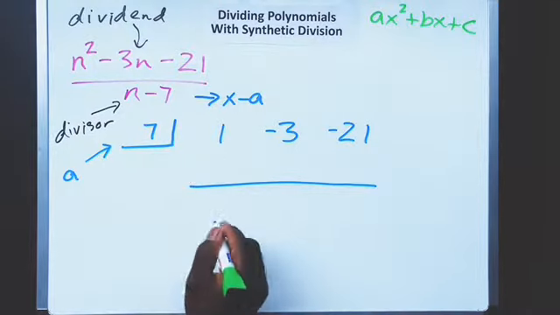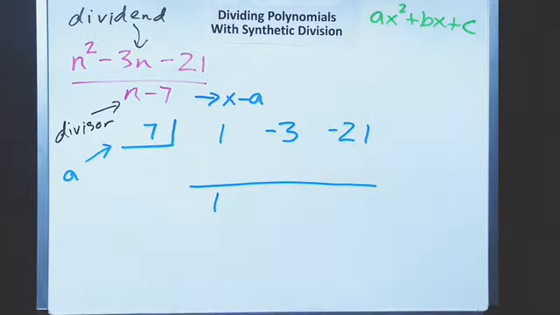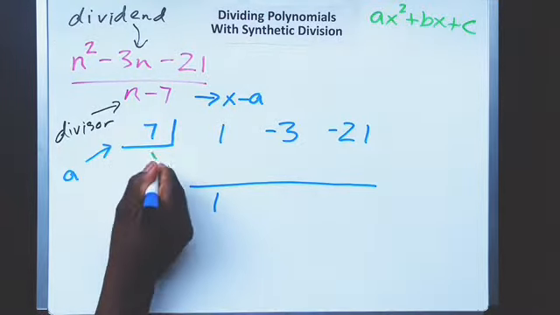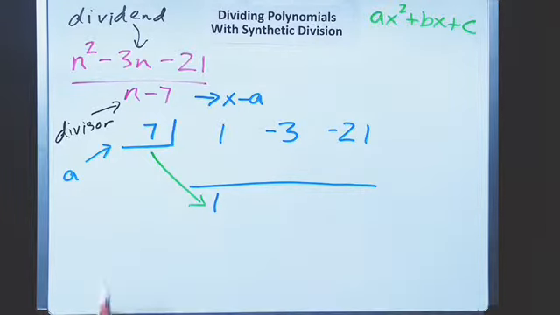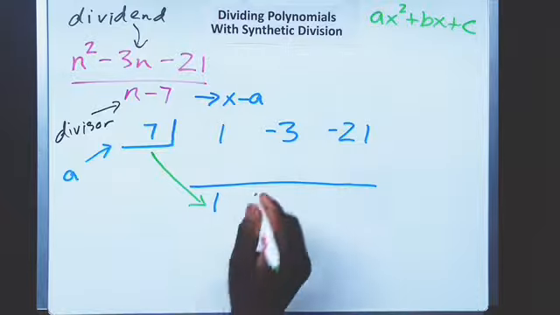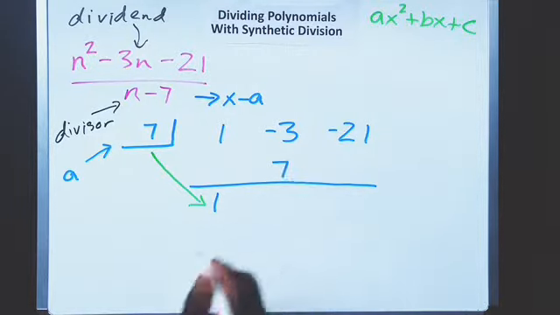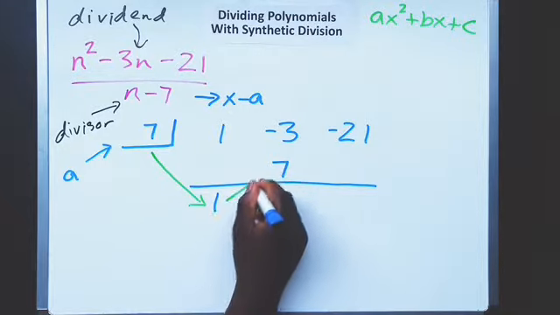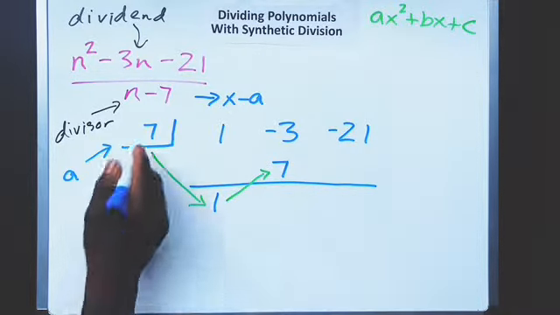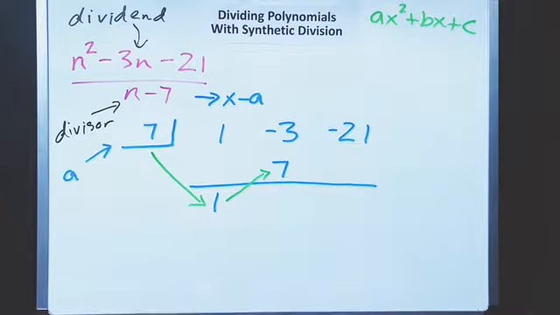So the first thing you do is you bring down 1. Okay, then after that, you're going to take this number here and multiply it by that. So 7 times 1 gives us 7. So I put 7 here. All right. And this arrow denotes that's where it goes. So 7 times 1 gives us 7.